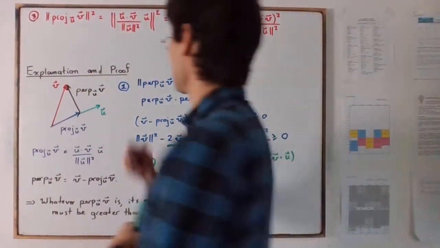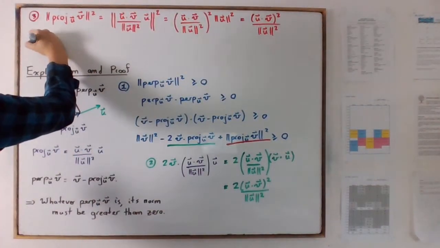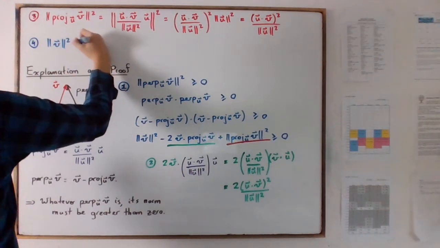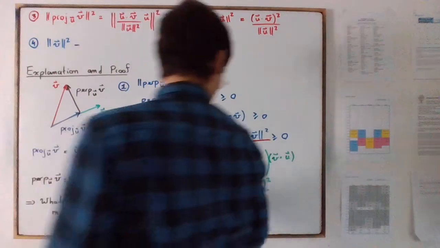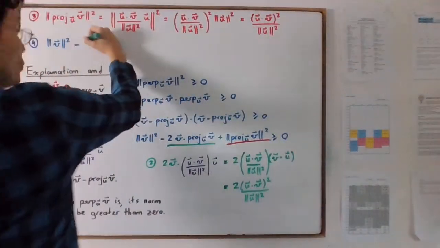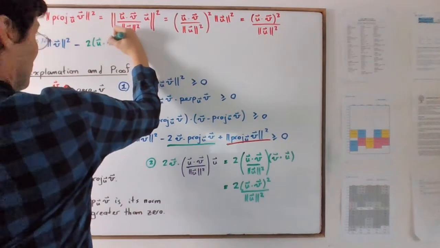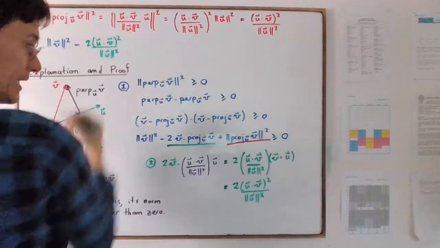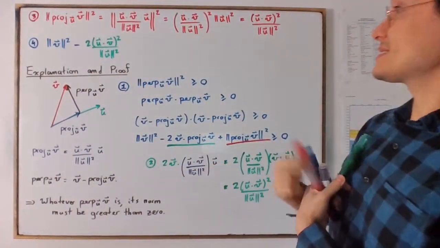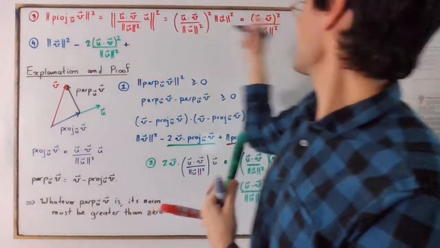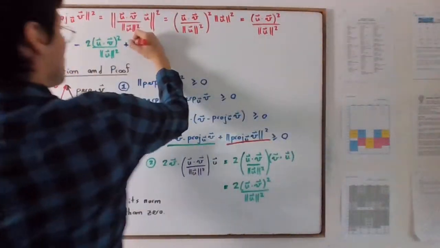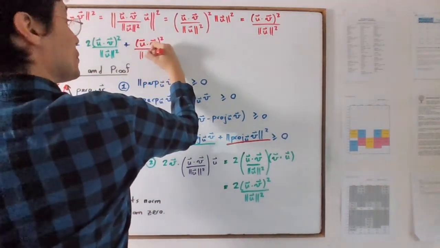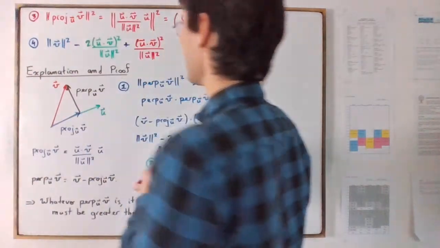So going back to step 1, where we replace this thing. So let's call this step number 4, pretty much. Okay. So what did we get? We get that the norm of v squared minus this, so 2 u dot v squared over u squared. Okay. Then plus this thing, so u dot v squared over u squared is greater or equal to 0.